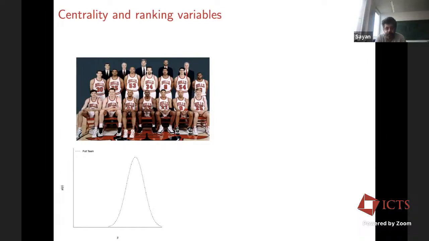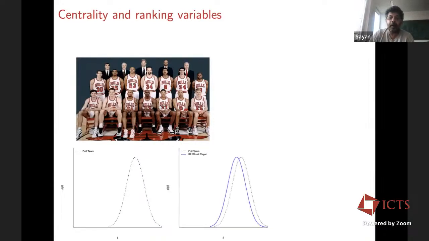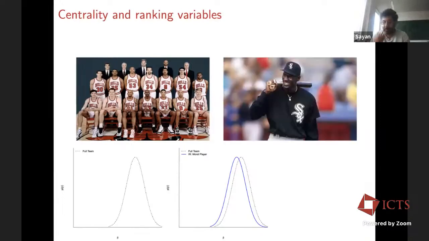Okay, so one idea, and this is called centrality and ranking, is that let's say you have a basketball team, right? And let's ask the question of, if we remove a player, how many extra losses do they have, right? And there was actually an example of this.